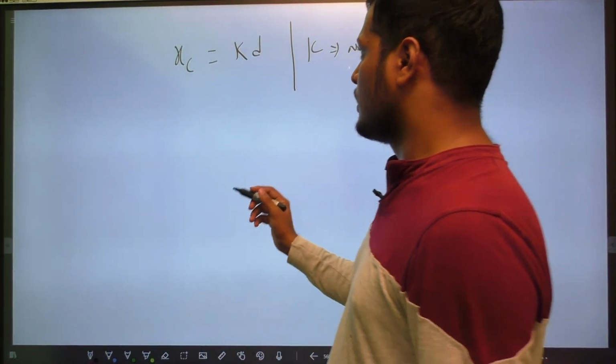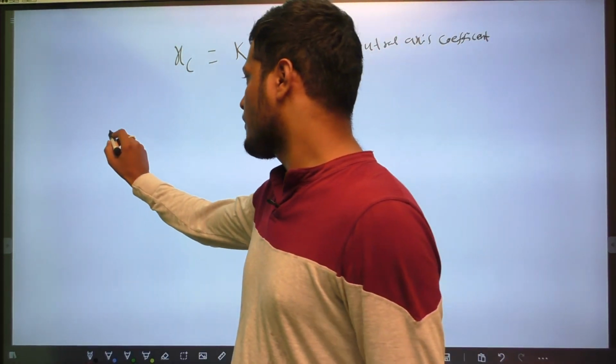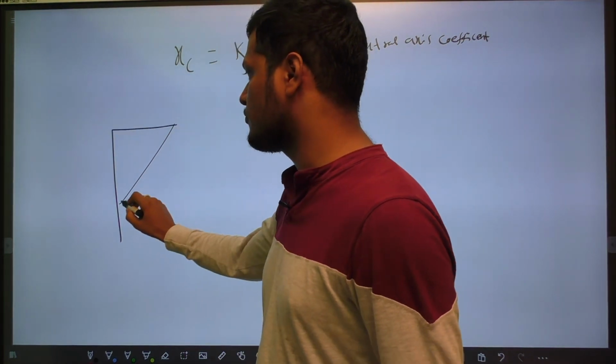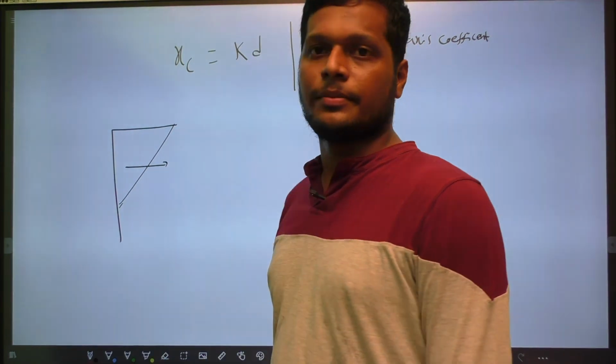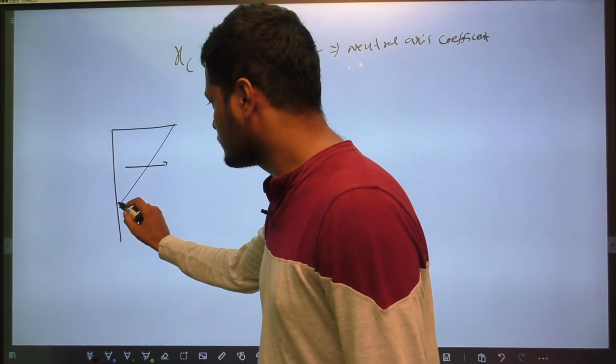Now to calculate the moment, obviously I need the lever arm, right? So this is the compression force I am getting. It will act at the centroid. So what is the depth of the centroid?